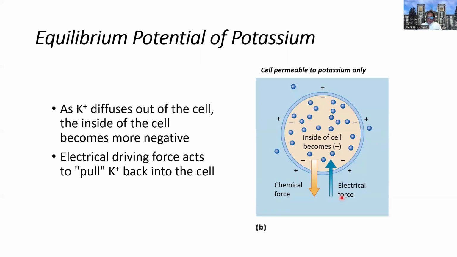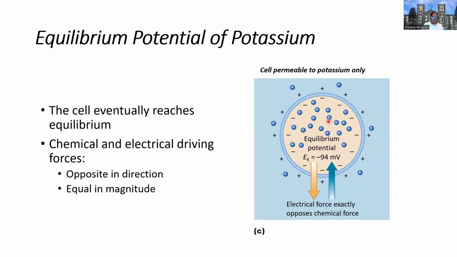Okay, the positively charged ion is attracted to the negatively charged environment inside the cell. So as we can see here, we have this scenario where a chemical force wants to move potassium out of the cell, and electrical force wants to move potassium back into the cell. So now we have forces that are in the opposite direction, but they're not equal. So now we have to think about the greater force, okay?